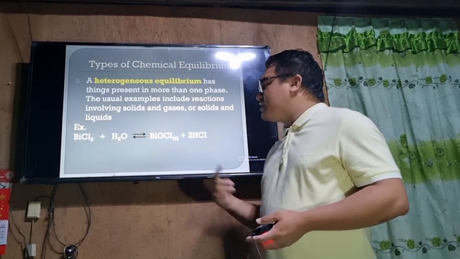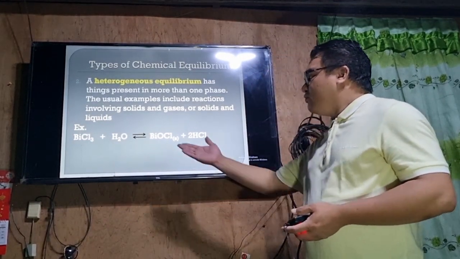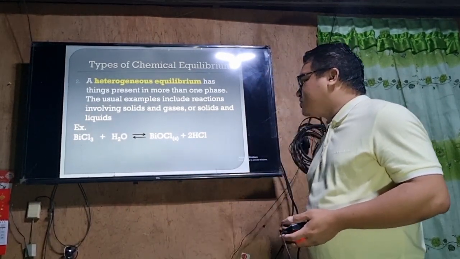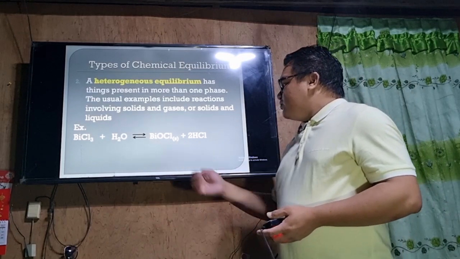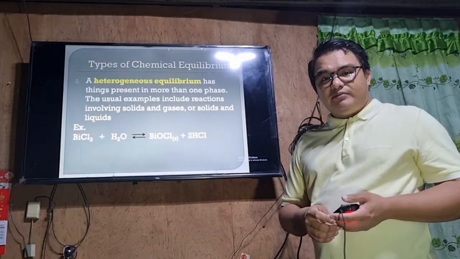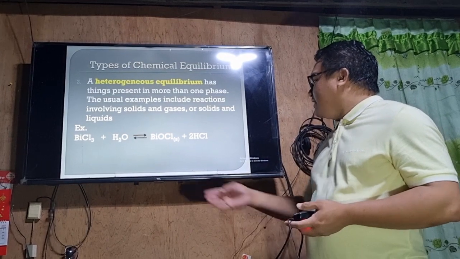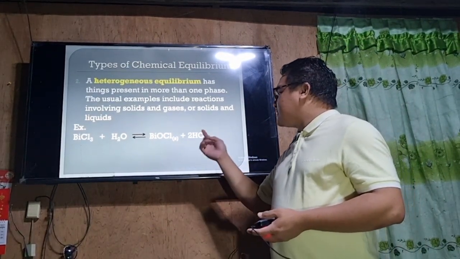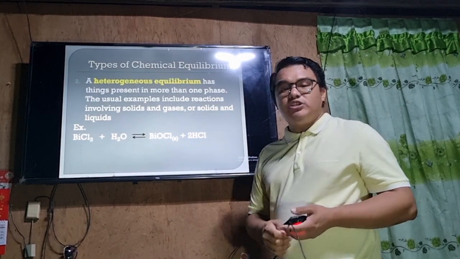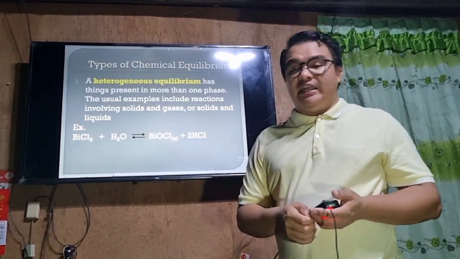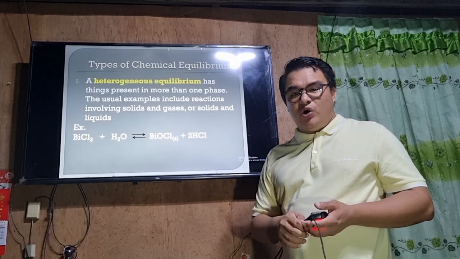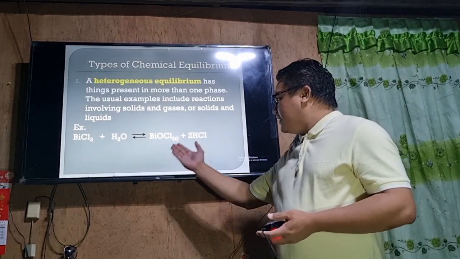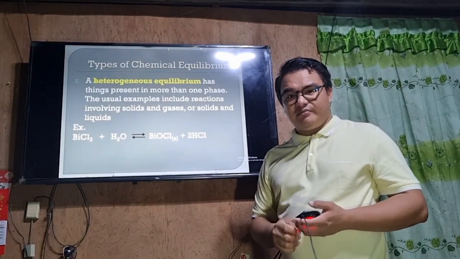Bismuth chloride plus water will produce, in a reversible reaction, bismuth oxychloride, which will precipitate, plus 2 moles of hydrochloric acid in a liquid state. So our products are solid and liquid.